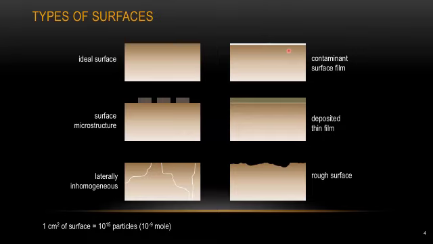This contamination can be anything, but the most common contamination on your sample surface is some kind of hydrocarbon contamination. If you're building some device, doing some thin film coating, or making some kind of microstructure on your sample surface, when you do your measurement on different regions, you might have some kind of shadowing or edge enhancement effect. And if your sample is laterally inhomogeneous, then you are going to get different signals from different regions of your surface.